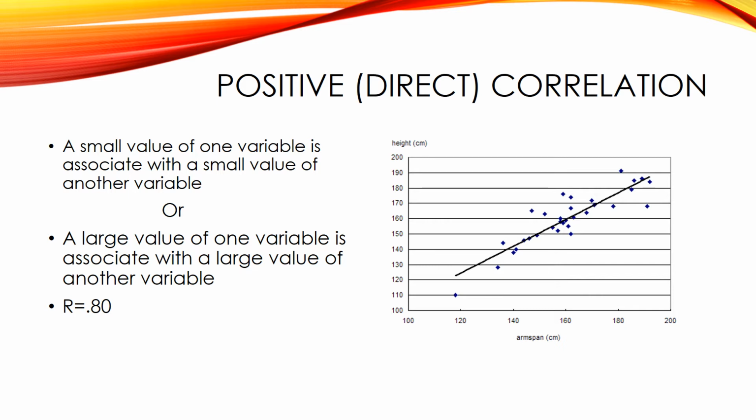So when you look at this chart here, you can see that if arm span is 160 centimeters, it can predict height as 160 centimeters, or if arm span is 120 centimeters, then height would be approximately 123, 124 centimeters. So that's your correlation, that there's a relationship between arm span and height.